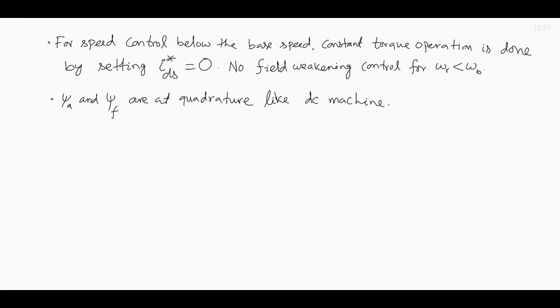In a DC machine they are at right angle, but both are stationary. In this case both are at right angle, but both rotate at synchronous speed. So, such a drive is a truly brushless DC drive, BLDC drive, because the characteristic is equivalent to a DC motor.